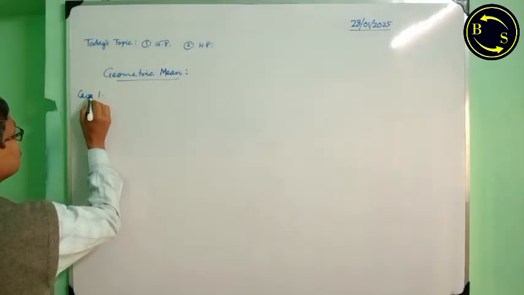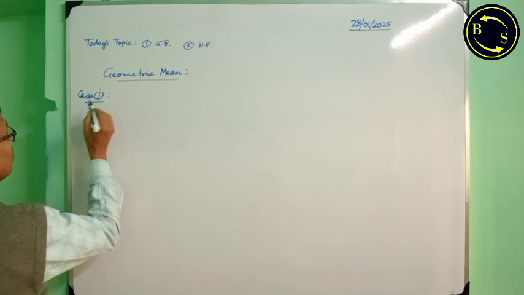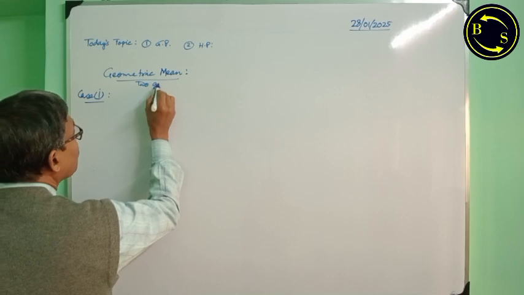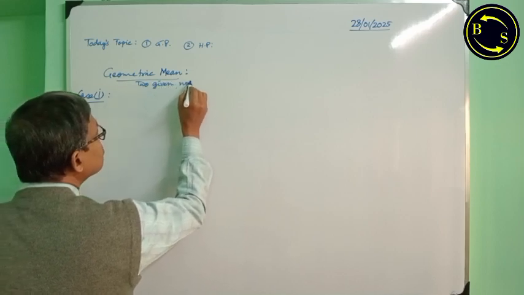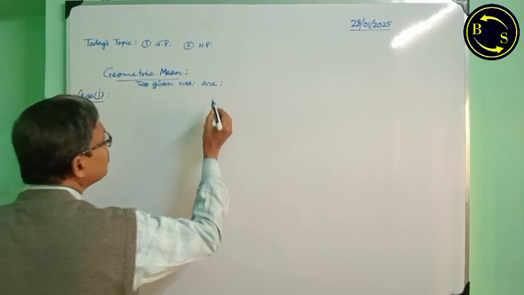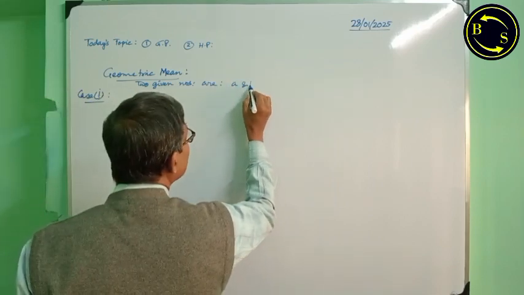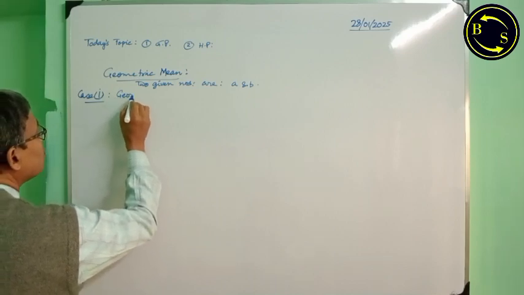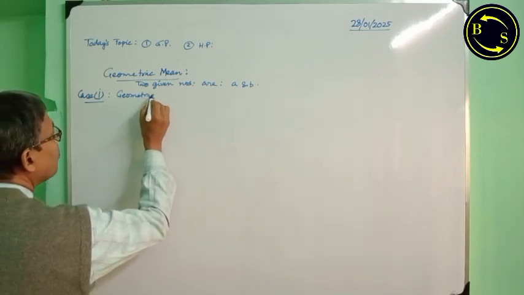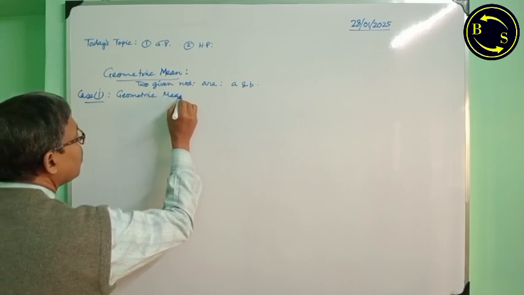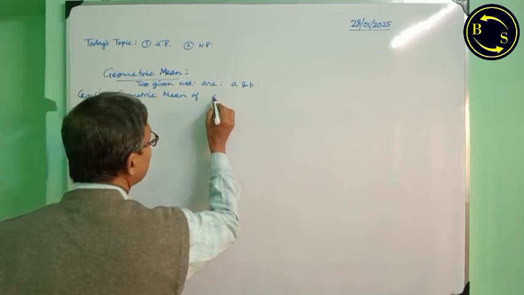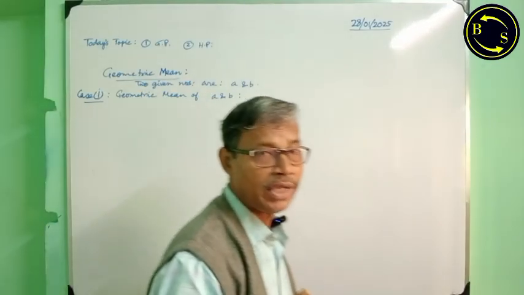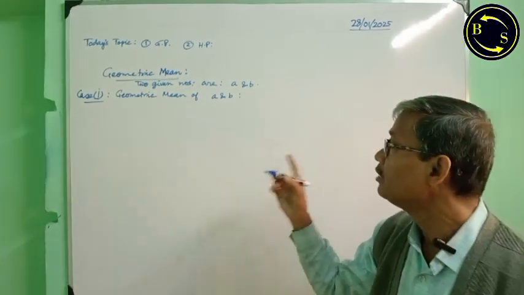Case 1: two given numbers are, say, A and B. Case 1, geometric mean of A and B. That means there will be just one mean, geometric mean, in between A and B.